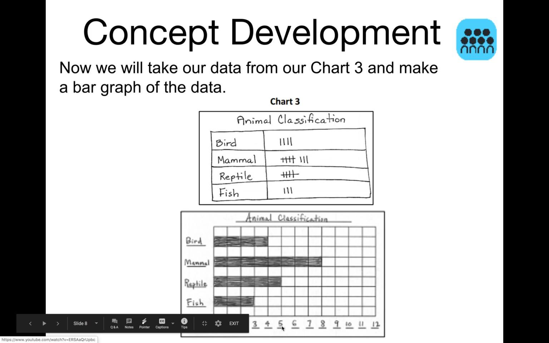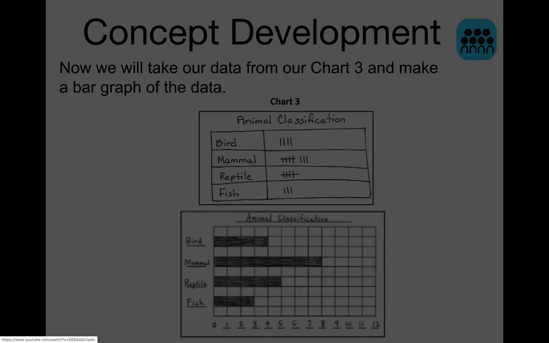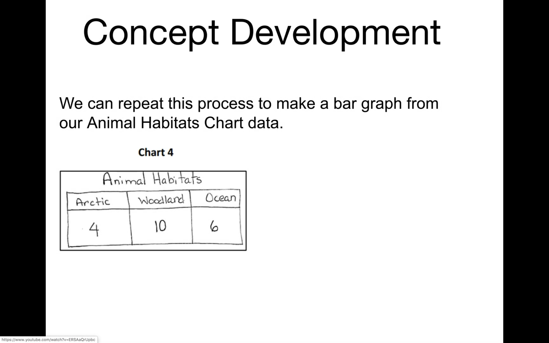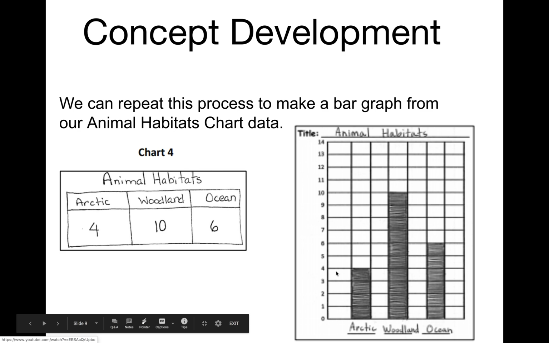Lined up with 5. All right, we'll continue to practice this over the next couple days because this is really important. We want to make sure that we understand how to represent this data. We can repeat this process for the animal habitats data that we had from a few days ago as well. We have 4 in the Arctic, 10 in the woodland, and 6 in the ocean. And we represent that data right over here as well.